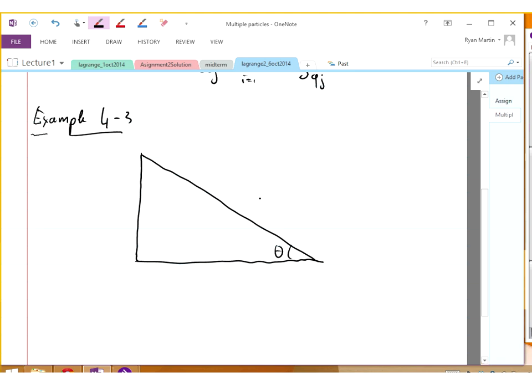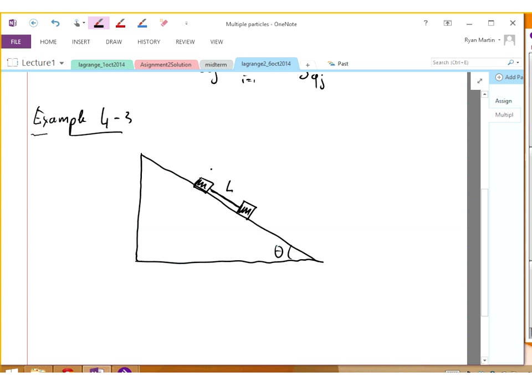And we have two blocks on the plane, connected by a rigid rod of length L. And it's a massless rigid rod.